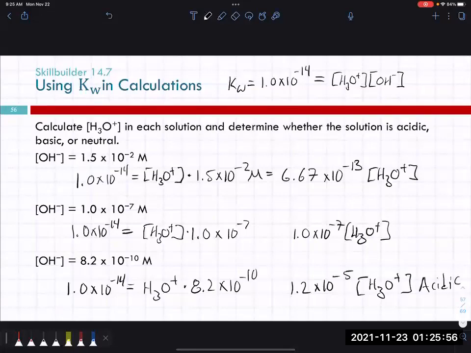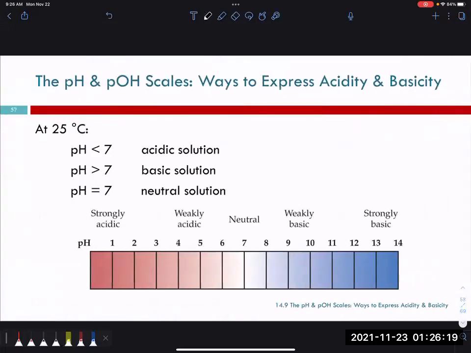Acidic, neutral, basic. All right, so that one is important to know. So that's all fine, that's good.